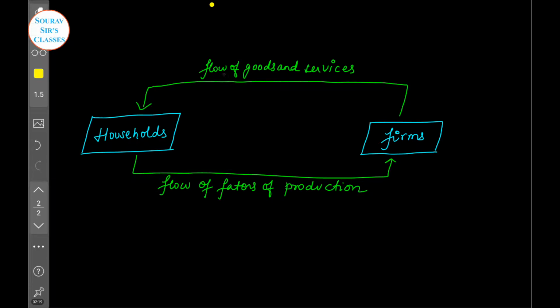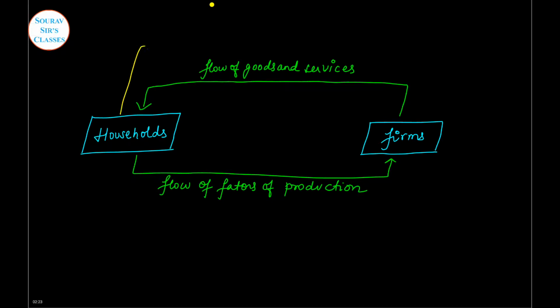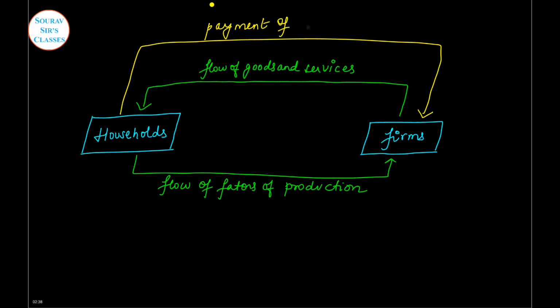Now, since households are purchasing goods and services, they have to make a payment. So there is payment of goods and services, and since firms are hiring factors of production from households, firms need to make a payment.